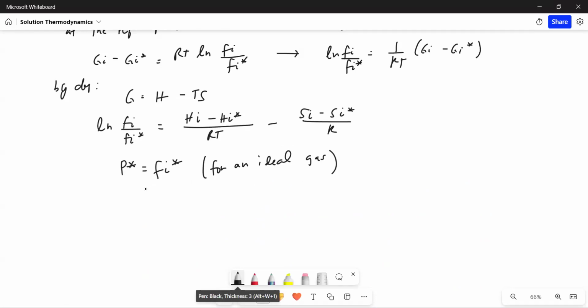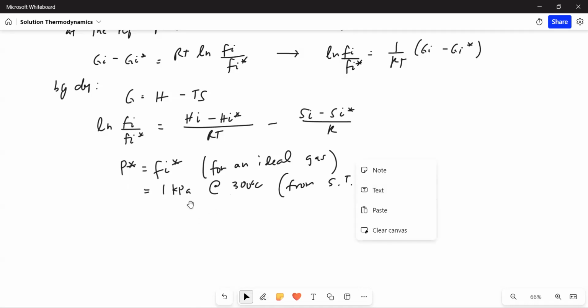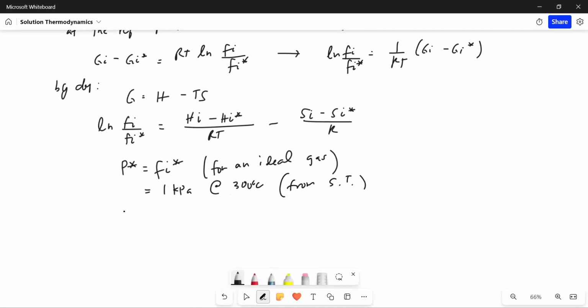So the selected pressure is 1 kilopascal at 300 degrees Celsius. This is from the steam table, right? So we write the enthalpy and entropy at 1 kilopascal and 300 degrees Celsius, and that is 3076.8 kilojoules per kilogram.